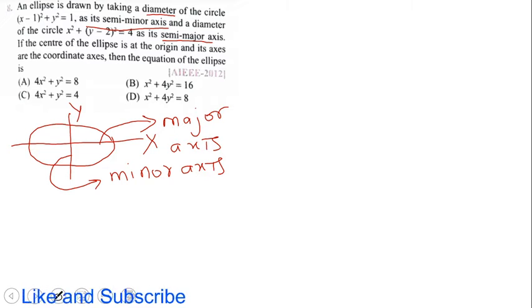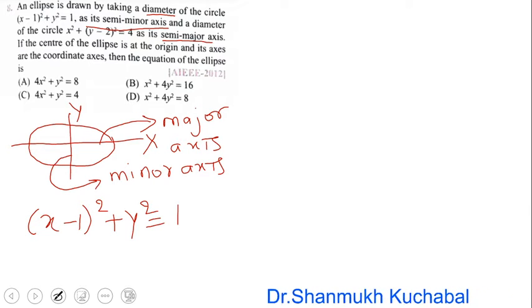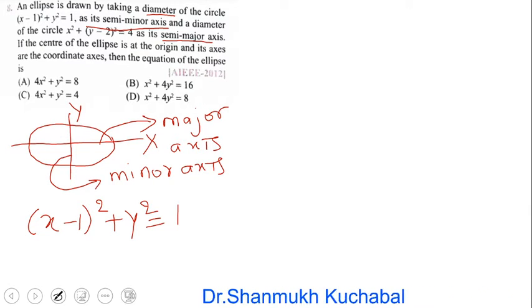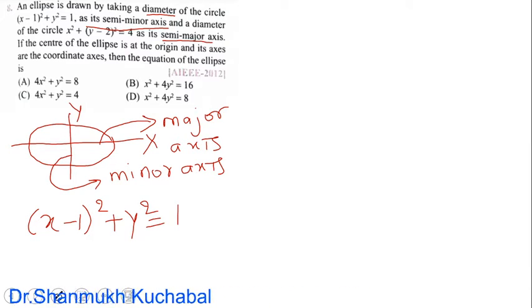Then we have the equation x minus 1 square plus y square equal to 1. This represents the equation of a circle, and the standard equation is x minus h whole square plus y minus k whole square equal to r square, so r square equal to 1.